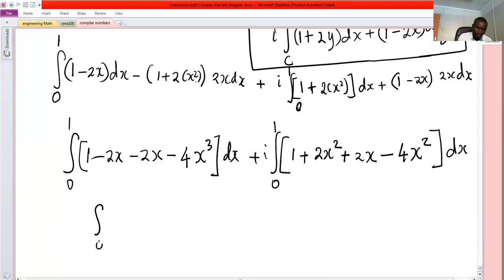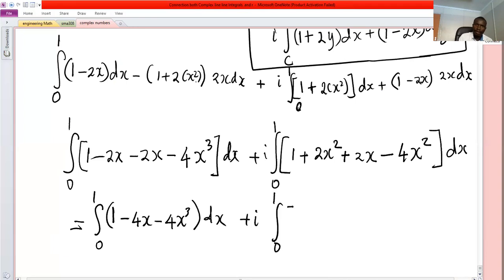So we'll have integral from 0 to 1 of 1 minus 4x minus 4x power 3 dx, plus i integral 0 to 1. Now minus plus 2x, this and this will be minus 2x squared, and then dx.